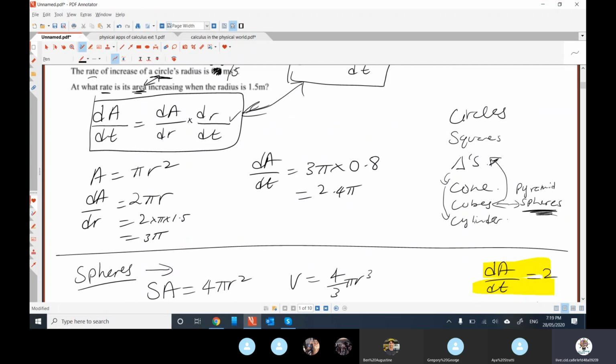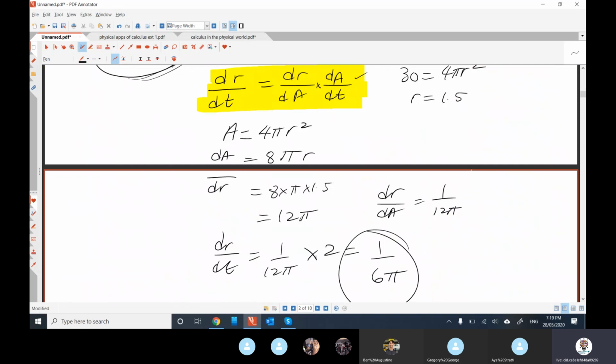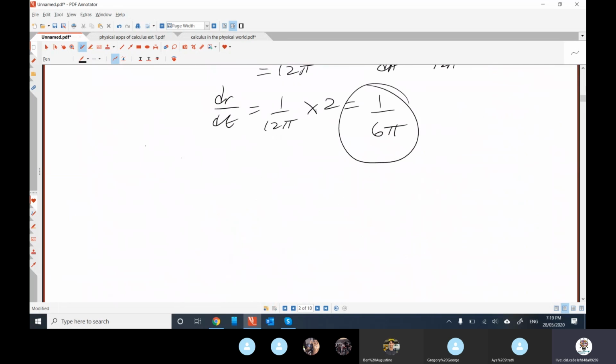Cones also have 3 variables: your area or your volume, and then radius and length. Cubes are easy as well because there's only sides. Cylinders have radius and height as well as volume, and then same thing with area: it's got radius, height, and then area. So the ones that have 3 variables are a little bit harder.